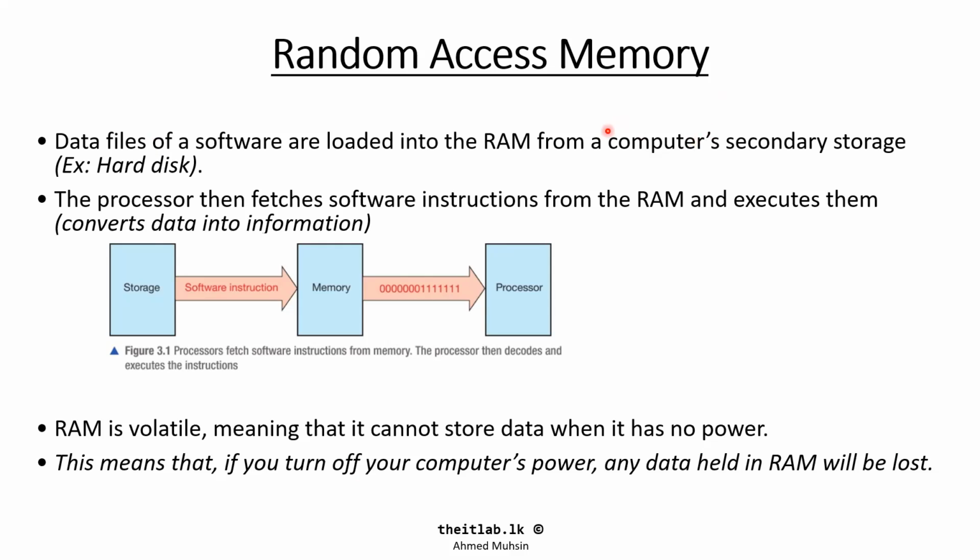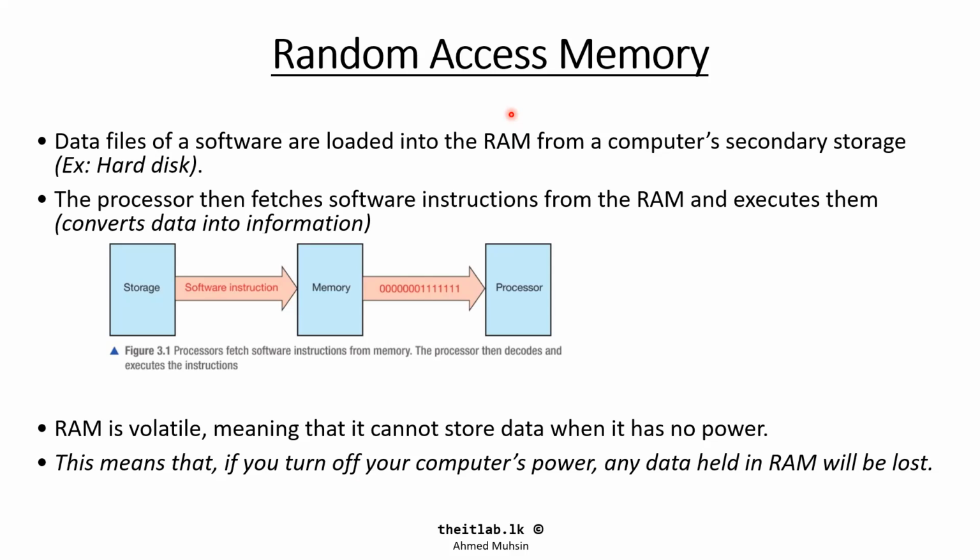On your hard disk, you will have Photoshop's data files stored. So when you double click on Photoshop, the data files are taken from your computer's secondary storage and given to your RAM. Is it clear, guys? Are you with me up to this point?